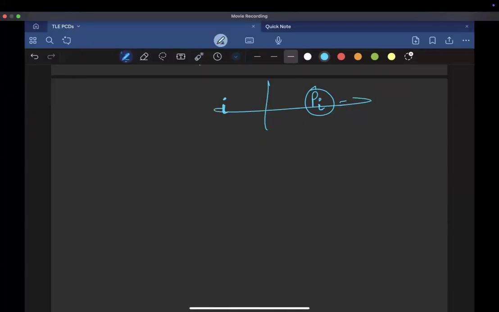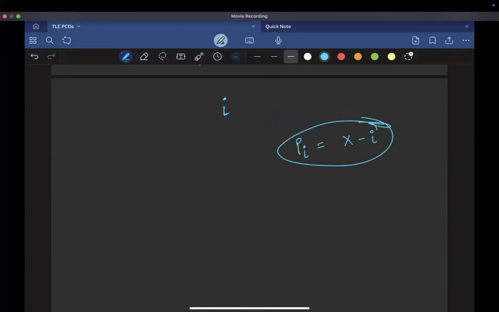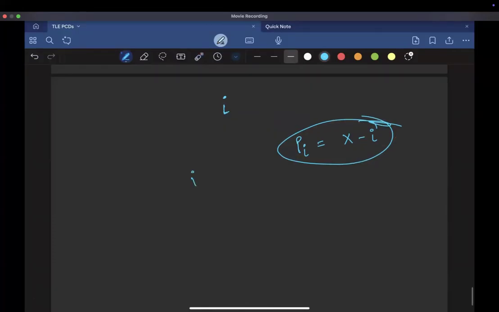So this PI thing, for any integer I that is a submask, is nothing but X minus I, right? This is X minus I basically. Now, your PI cannot be smaller than X minus I because you have to keep all of the bits set that are set in X minus I. Although you can add some extra bits, like if I is 2 and X is, let's say, 10.